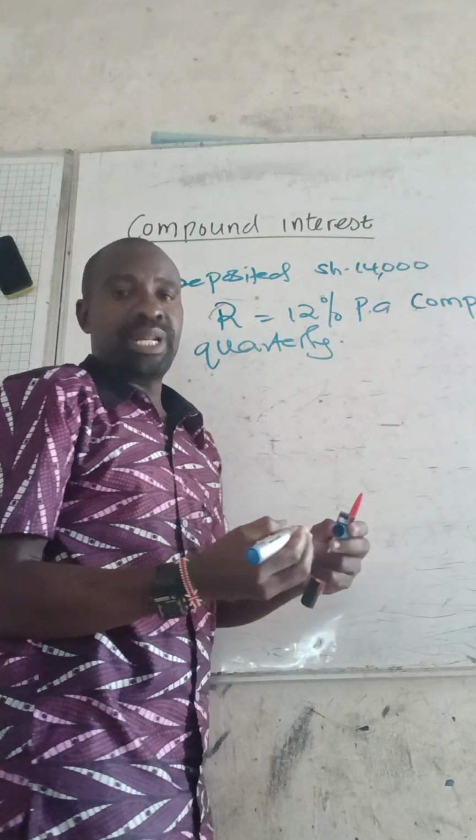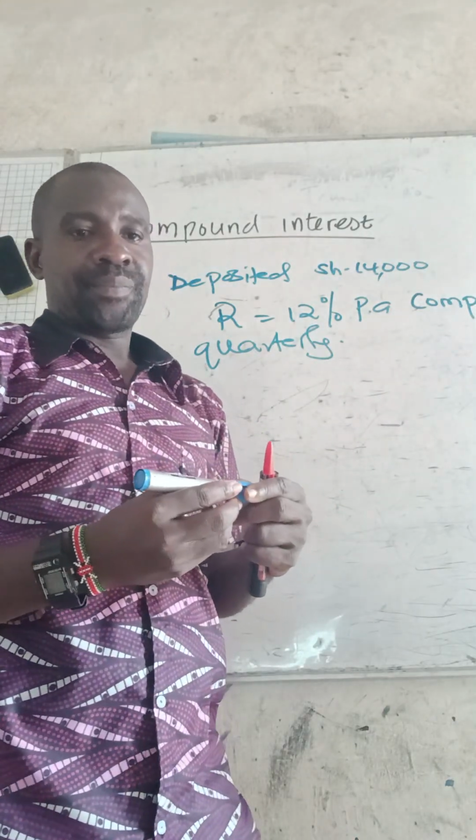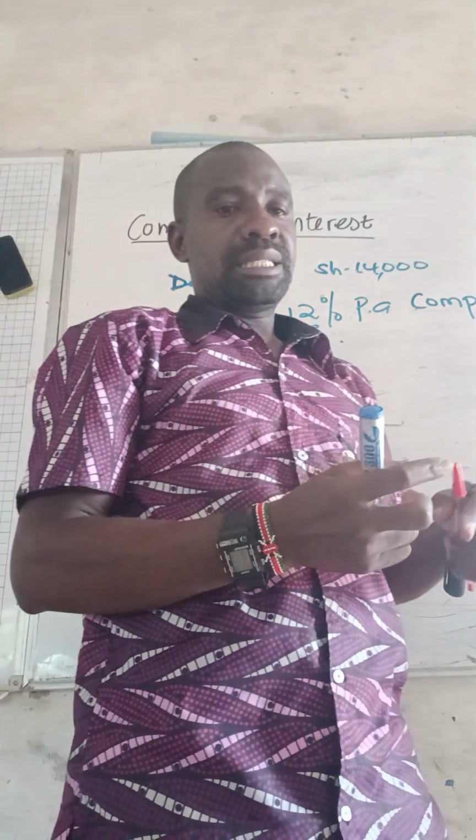So, compounded quarterly. A customer deposited 14,000 in a savings account.